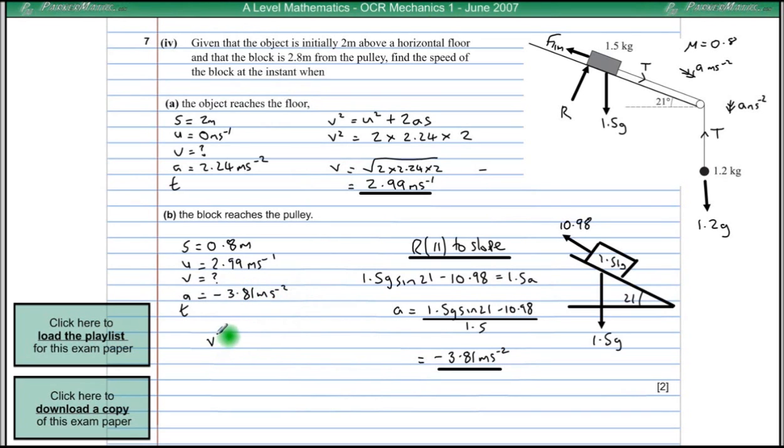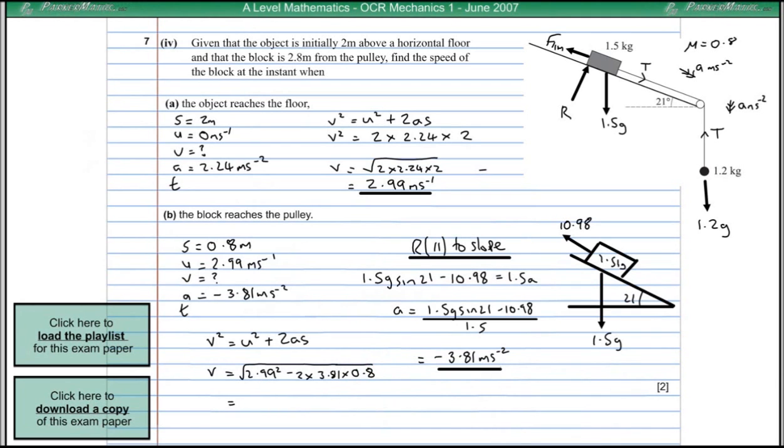And let's use v squared equals u squared plus 2as. So let's square root and put the numbers in one go. Well, u squared is 2.99 squared. And because this acceleration is negative, I'll put my minus sign here straight away. 2 times 3.81 times the displacement of 0.8.